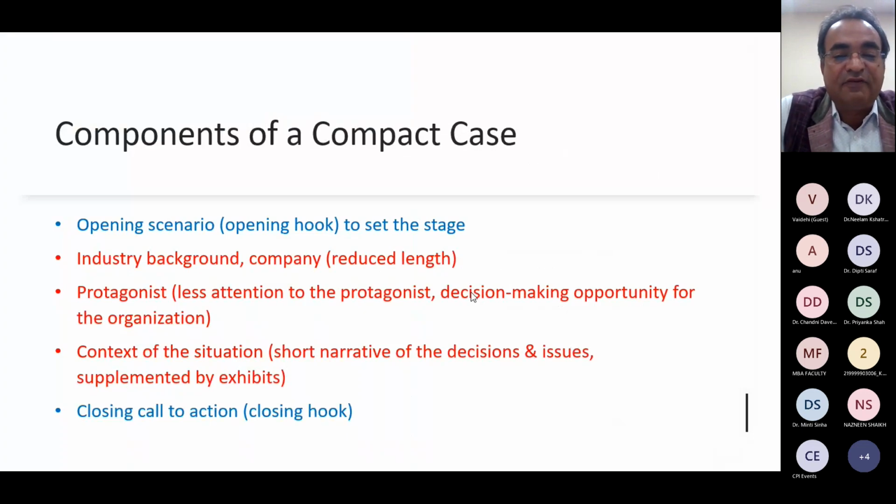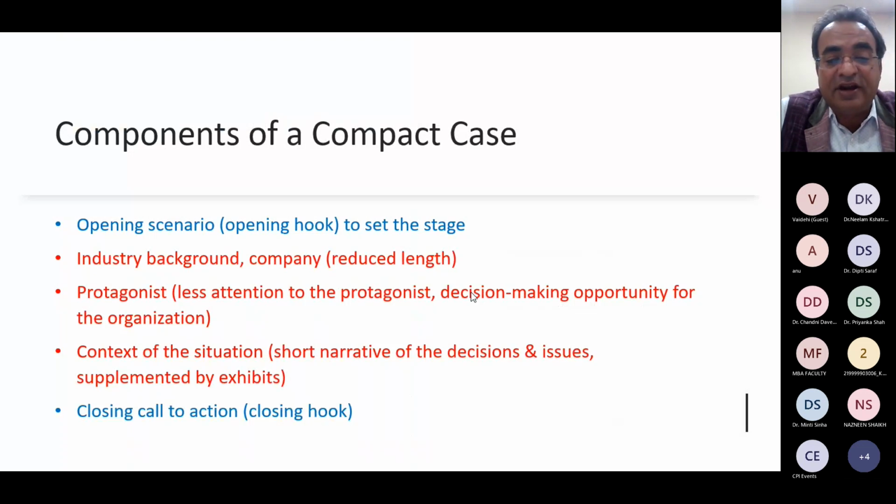So here we come to an interesting slide. I don't differ to what Emerald says here or to what Dr. Shalini says here. The components or the elements of a compact case mirror the components of a typical case or a normal teaching case, right? So you have an opening scenario, which you also refer to as an opening hook to set the stage, the introduction paragraph.